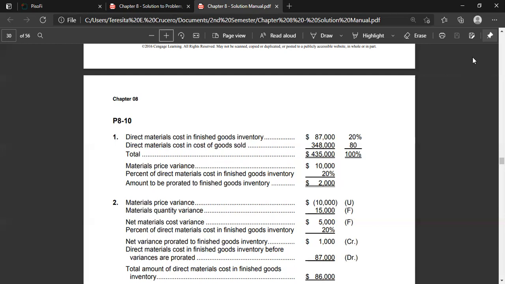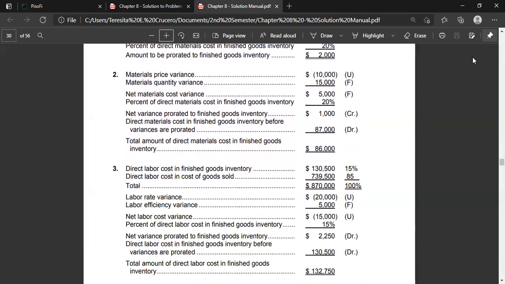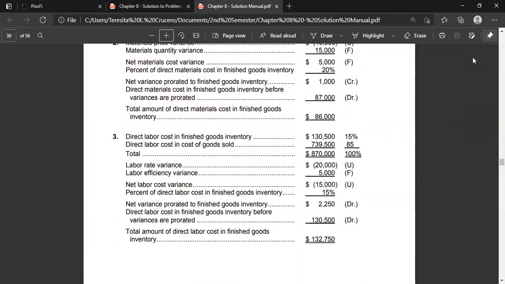It's a debit. Now, the total amount of direct material cost in finished goods inventory is equal to 86,000.